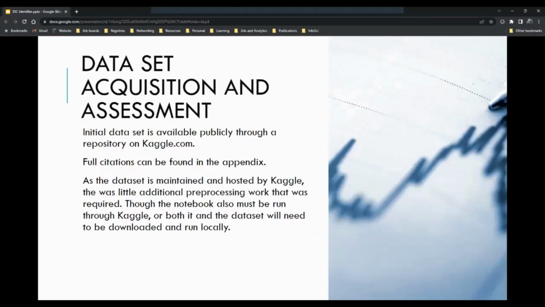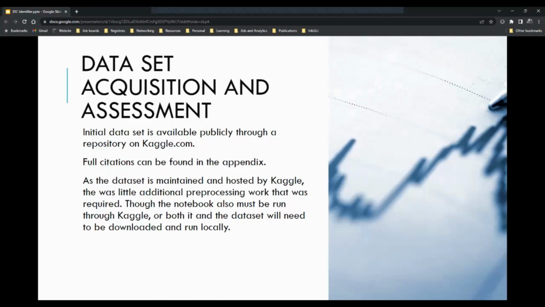So up next is the data set acquisition and assessment. We found the data set on Kaggle.com, a popular data science and learning website. The repository can be accessed through Kaggle.com. The full citation is in the appendix.